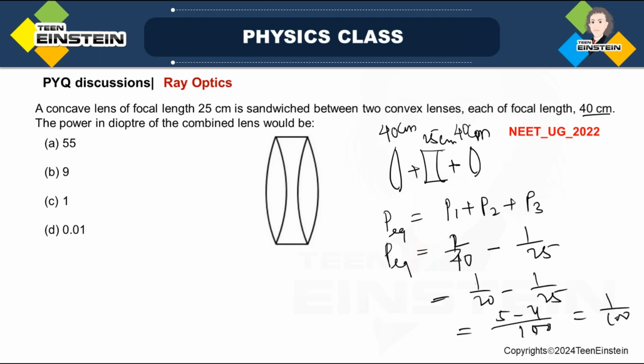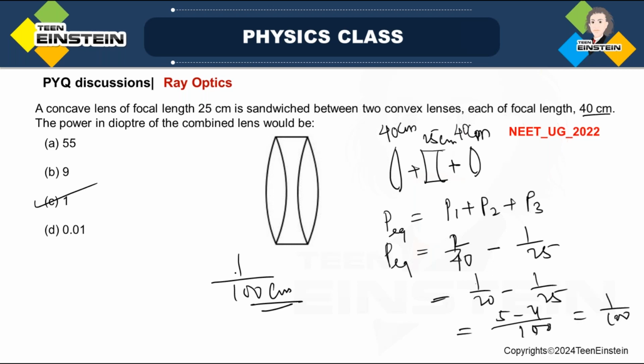That means 1 over 20 minus 1 over 25. This is in centimeter, but diopter is per meter. Per meter means this will be 1 actually.